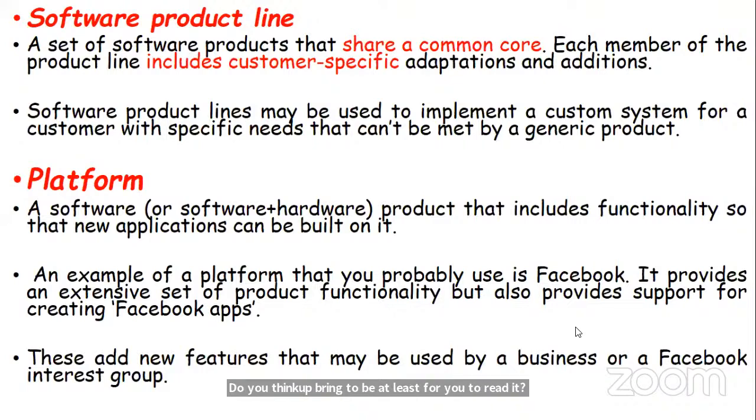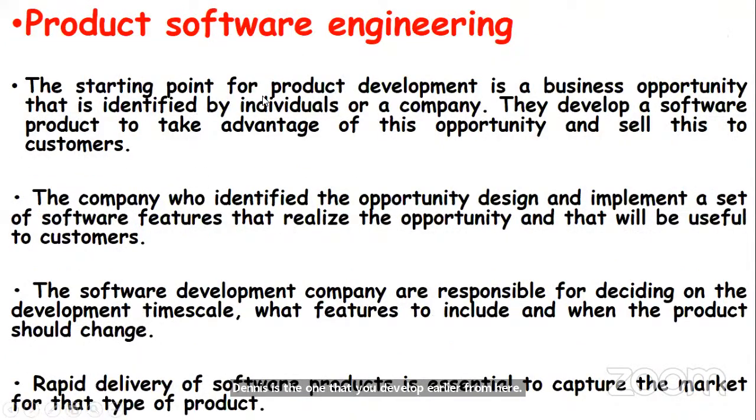So a software product line may be used to implement a custom system for a customer with specific needs that cannot be met by the generic software. Generic software is the one that you developed earlier, that you conceptualized.